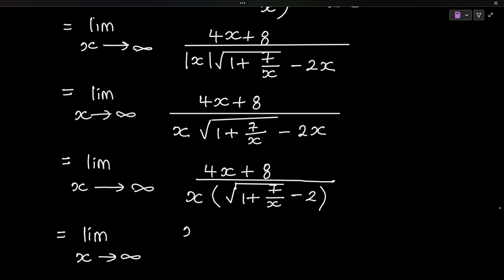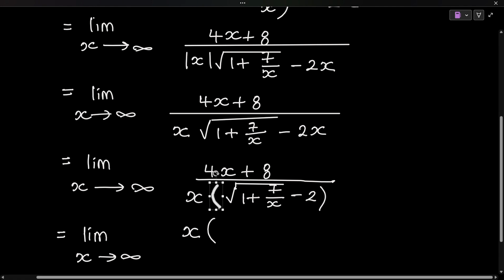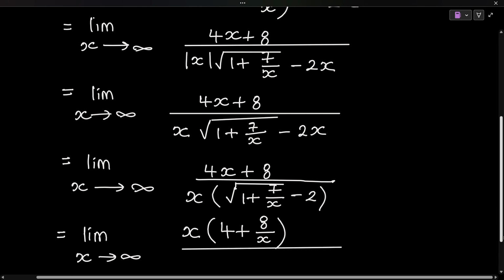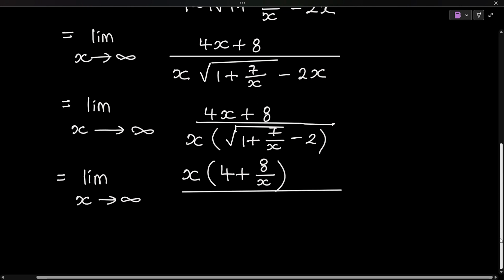So we can actually factorize our numerator and pull out x as a common factor. Factorizing x from 4x, we are going to be left with 4. Pulling out x from 8, we are going to be left with 8 over x. And our denominator is going to be the same as before, x into the root of 1 plus 7 over x minus 2.